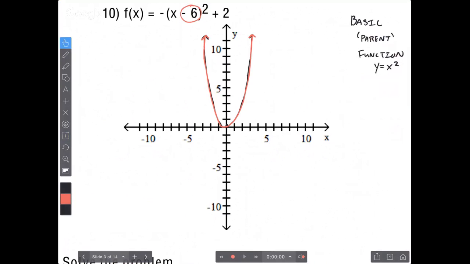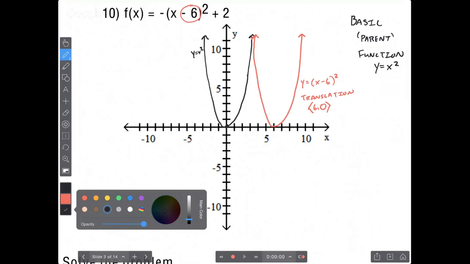And then let's bring it over 1 step, 2 steps, 3 steps, 4 steps, 5 steps, 6 steps. Cool. So if that was y equals x squared, then this is y equals x minus 6 squared. And this was a translation by the vector 6, 0, which is the thing that you need to know in our class.